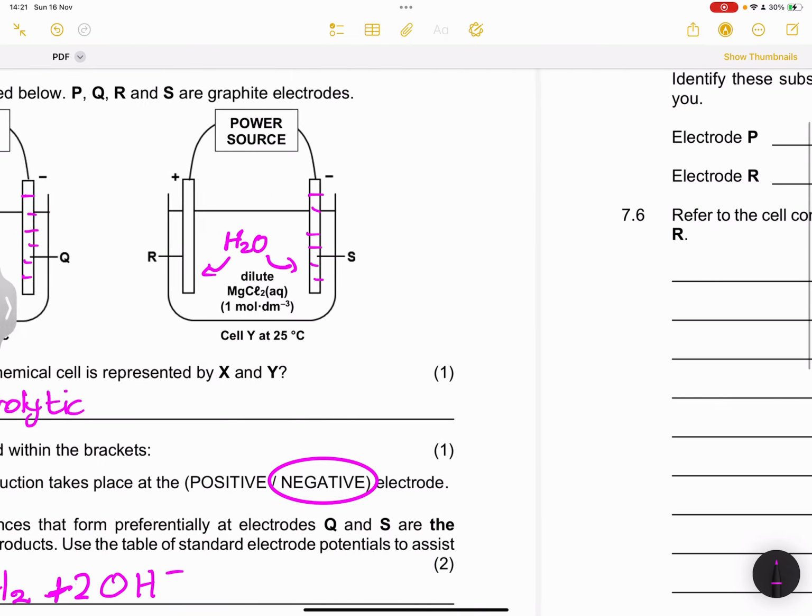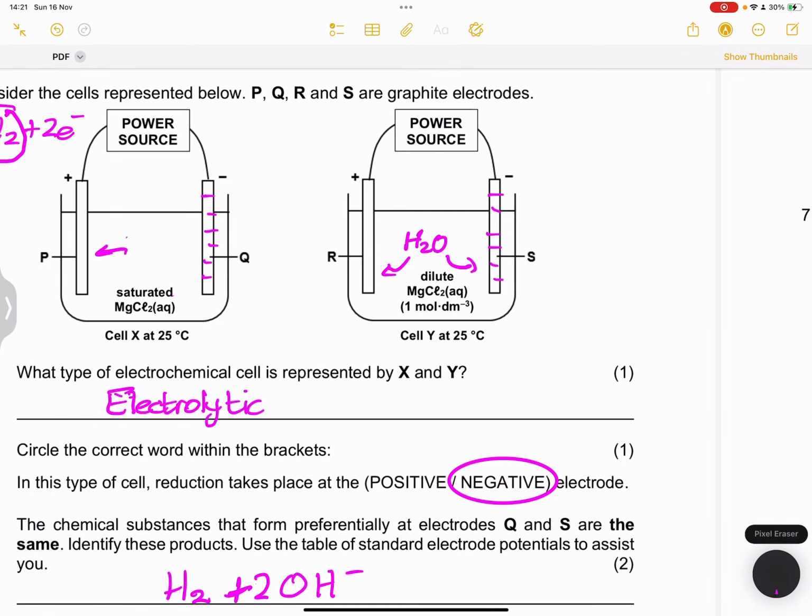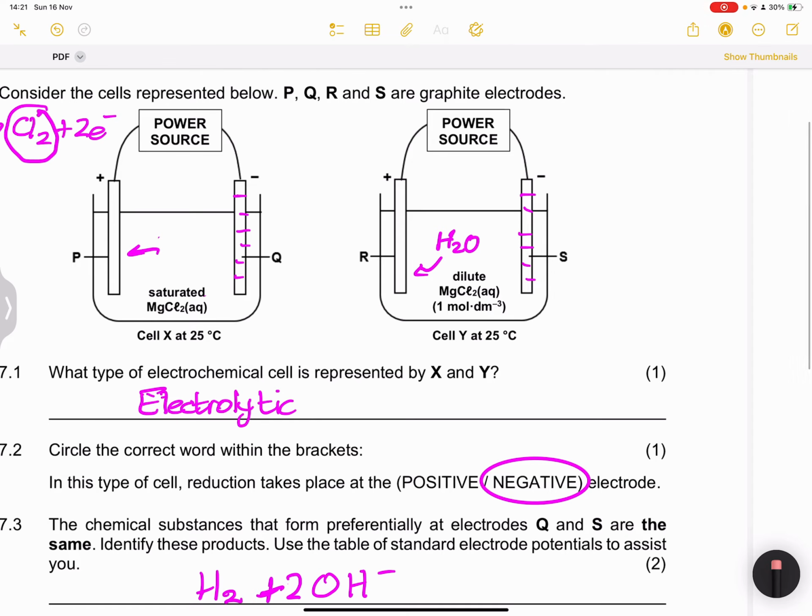But now let's look at R. What happens at R? So this here, we know that water undergoes, in this case, oxidation, right?